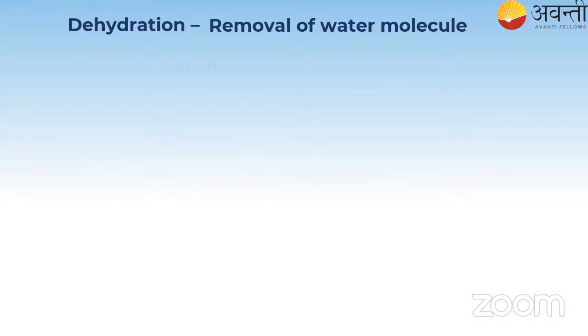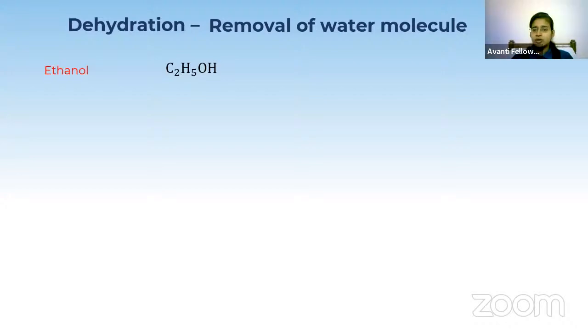So I have taken ethanol, and I am going to use sulfuric acid and heat this. The temperature is 443 Kelvin. So what will I get? I will get ethene and water, right?